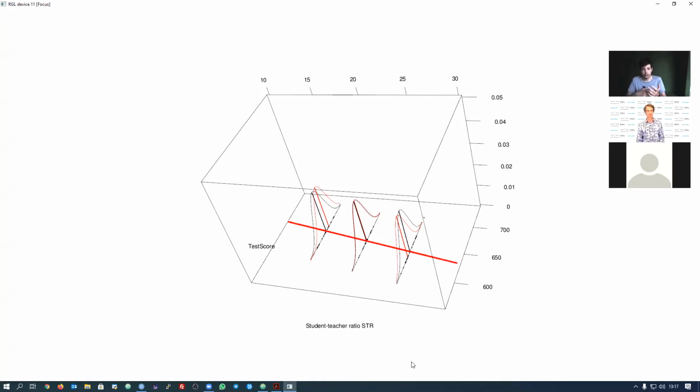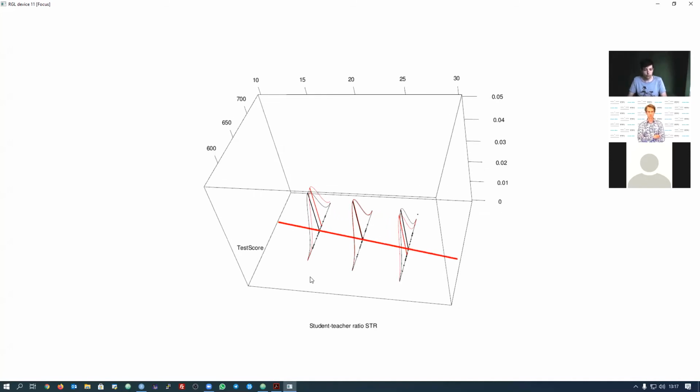If these variables that are all included in the error term u_i were in fact correlated with our student-teacher ratio, for example, in a way that in districts with small classes, so this district here, we have more computers, parents tend to be more able to help their children, so that in these districts, the actual test score is higher.